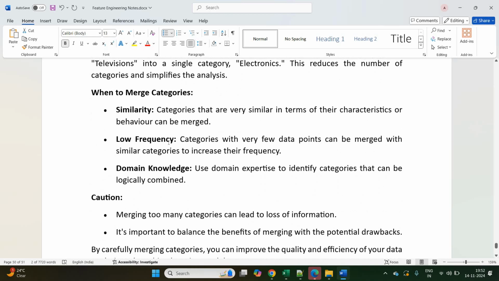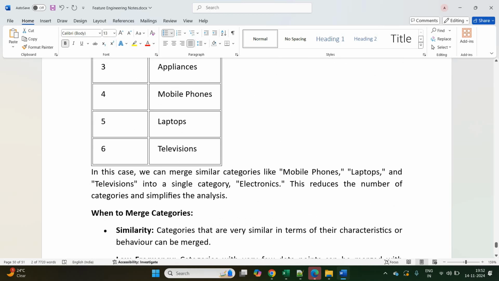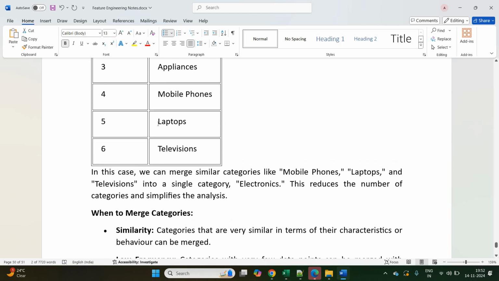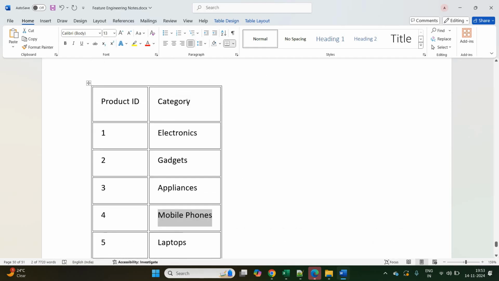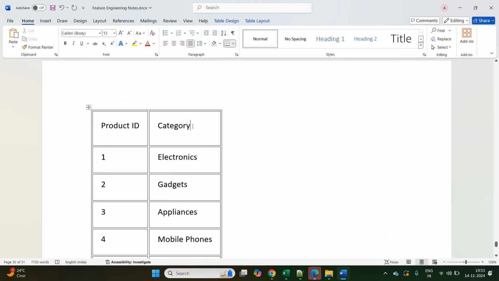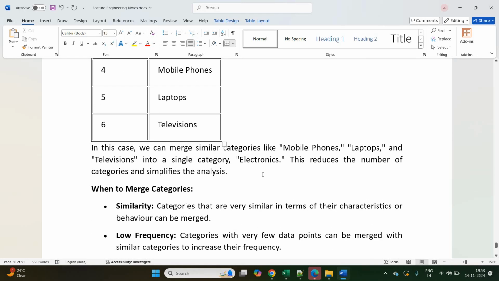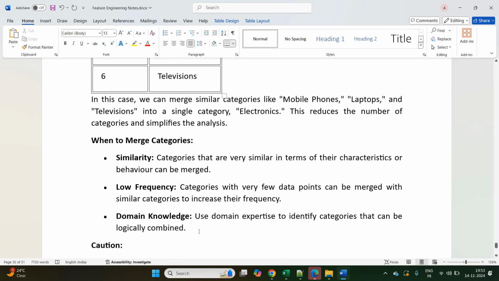So wherever some of the categories have lower frequency, few data points, right? These are the categories. Laptop is a category, mobile phones is a category, and category is the name of the feature, right? So this category can be named the item types or something like that. Here it has given only category, so no worries. You are able to understand the intent here.